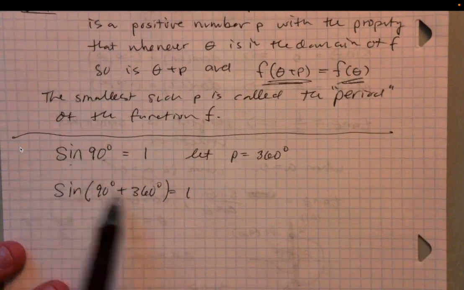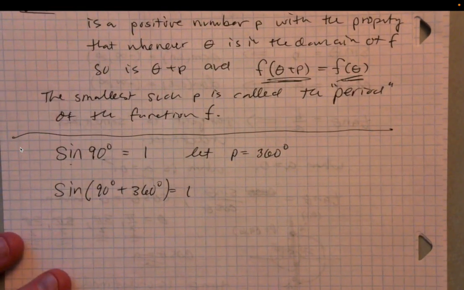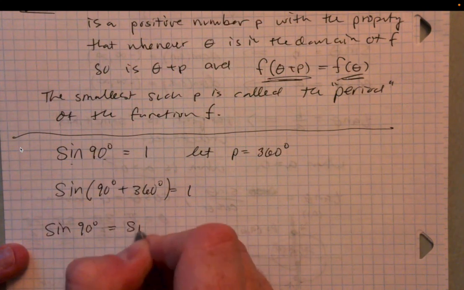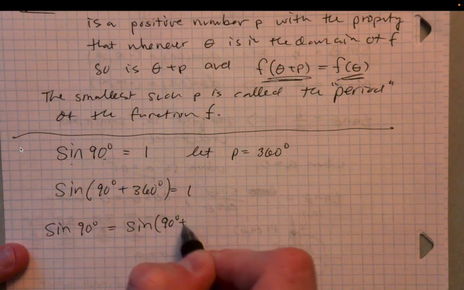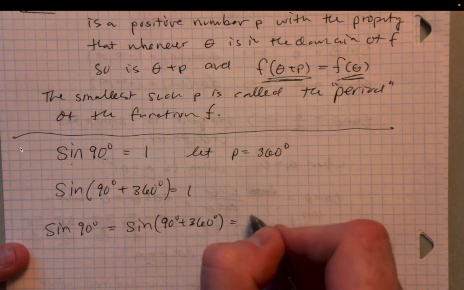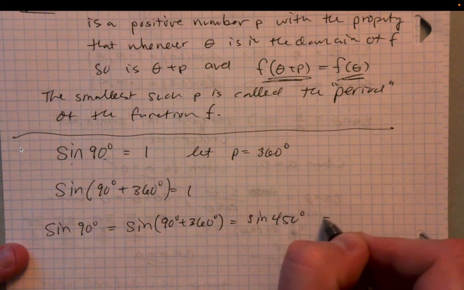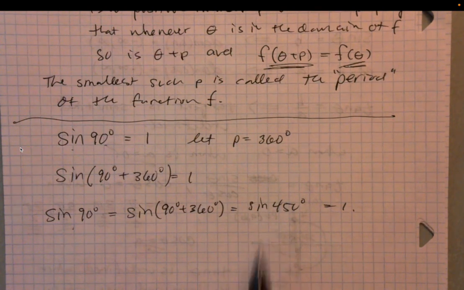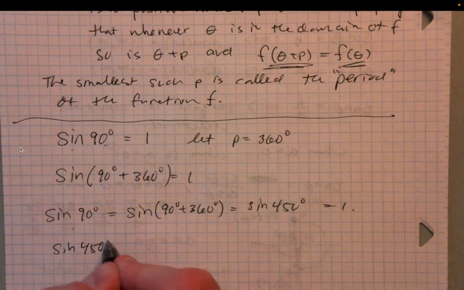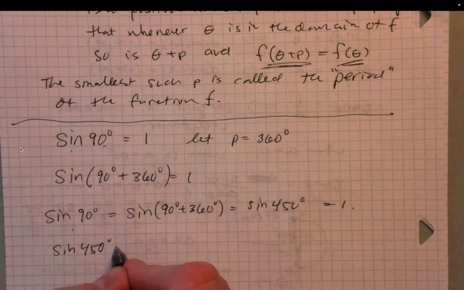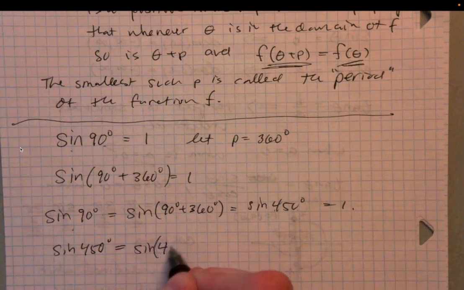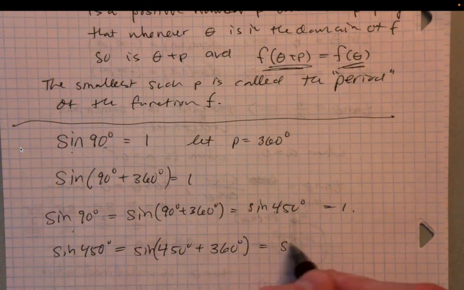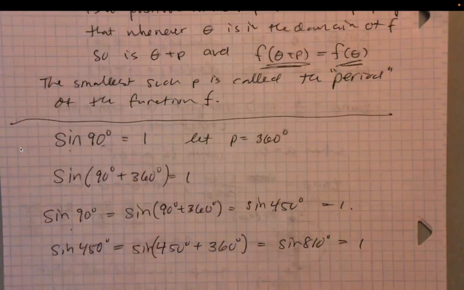They're both equal to 1, so they're equal to each other. So sine of 90 degrees equals sine of 90 degrees plus 360 degrees, which is sine of 450 degrees, so that's 1. Now the interesting thing is that I can keep going. The sine of 450 degrees is equal to the sine of 450 degrees plus 360 degrees, which is the sine of 810, which is also equal to 1.